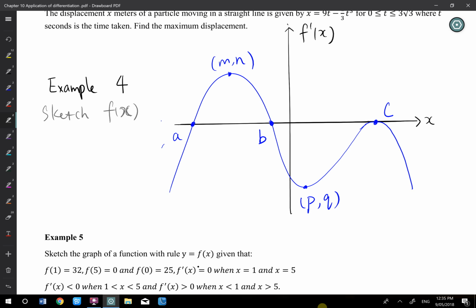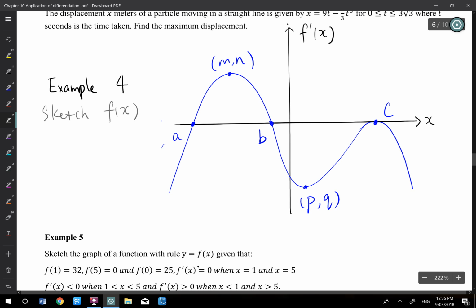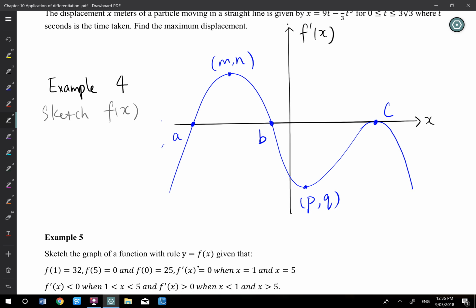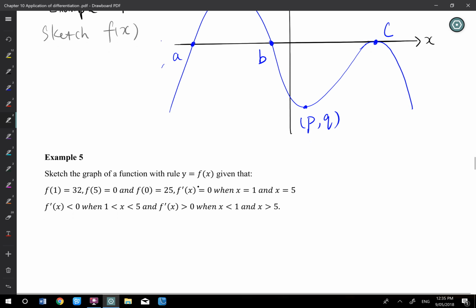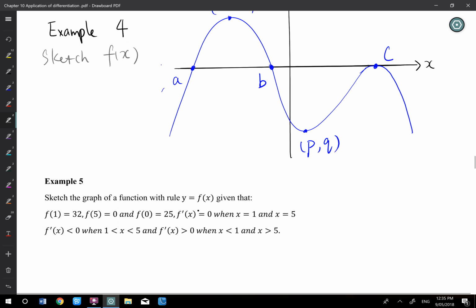So I have my f(x) like this. Okay. Let's have a look at example 5 first, because I think 4 is harder than 5. If you can read example 5 first, I'll give you a hint: use the sign diagram table.